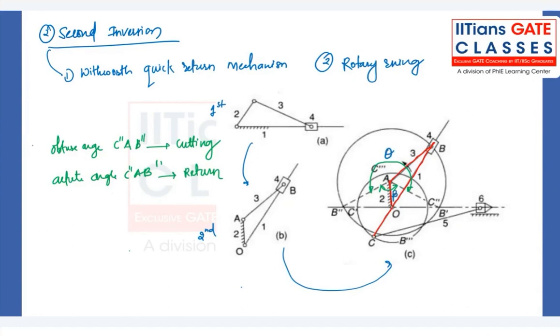So I'll say the quick return ratio can be written as time for cutting divided by time of return, which is theta by beta. So cutting time is theta, return time is beta in this case.